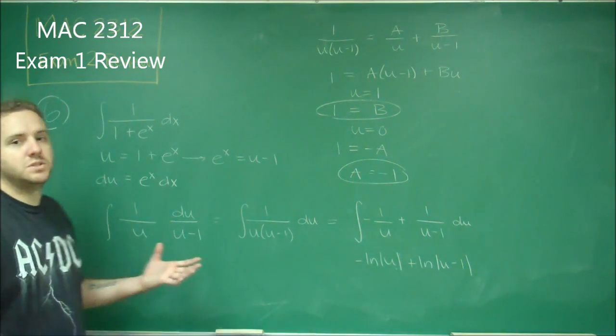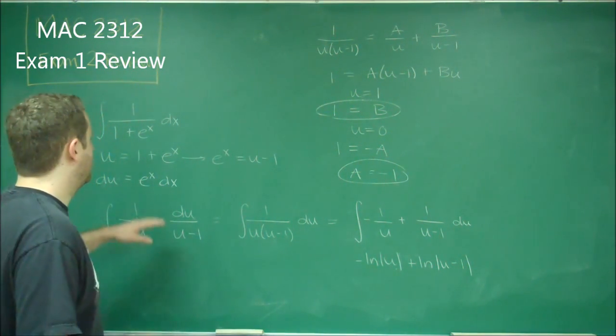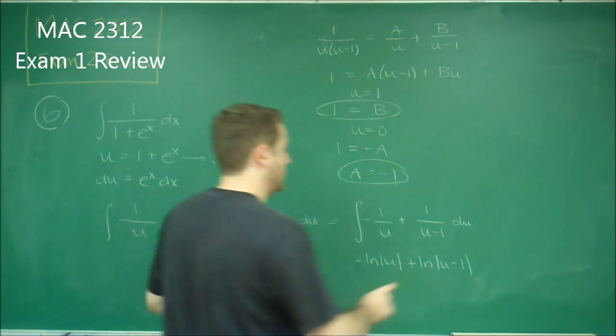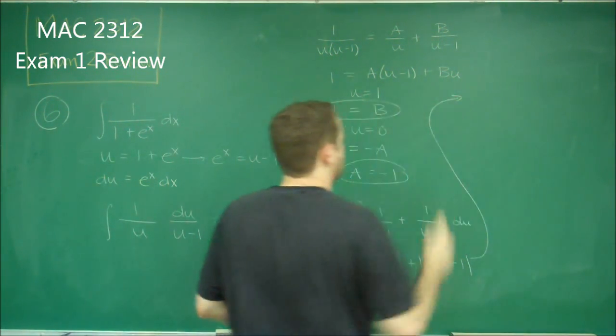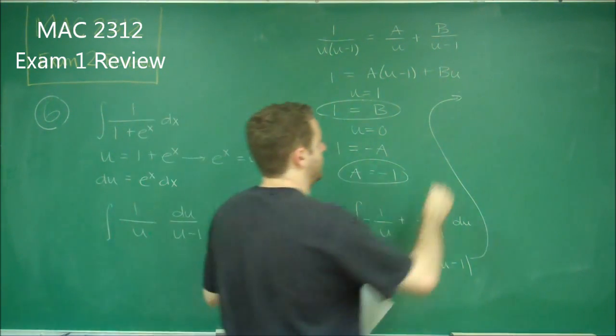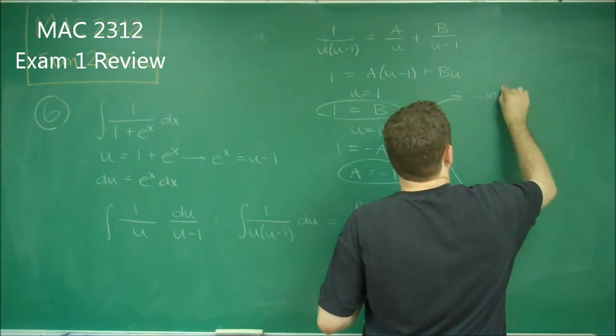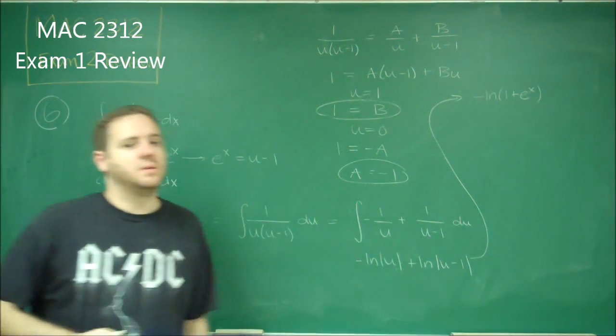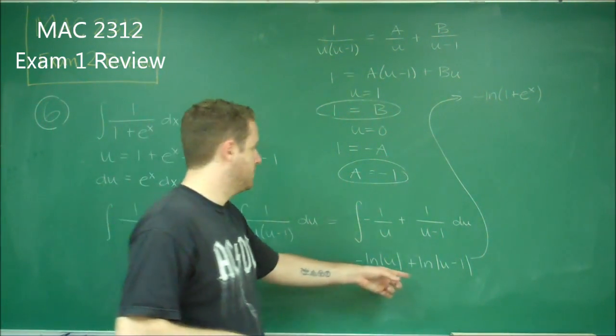Finally, we want to put our substitutions back. So remember that u was 1 plus e to the x. So we have negative ln 1 plus e to the x. Or you can drop the absolute value there because 1 plus e to the x is always positive anyway.